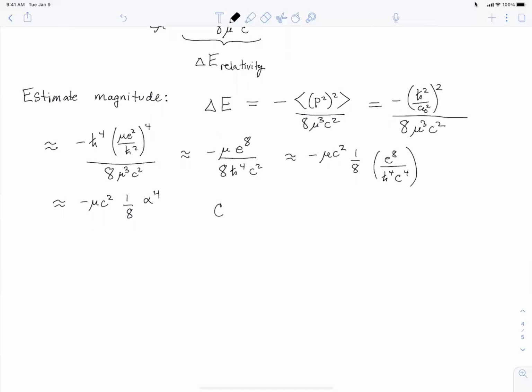It turns out when you do a correct analysis, which is not so easy, then the minus 1/8 turns into a factor of 1 over 2n for states with principal quantum number n.